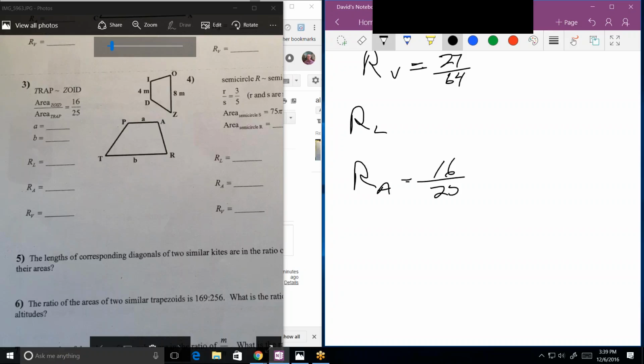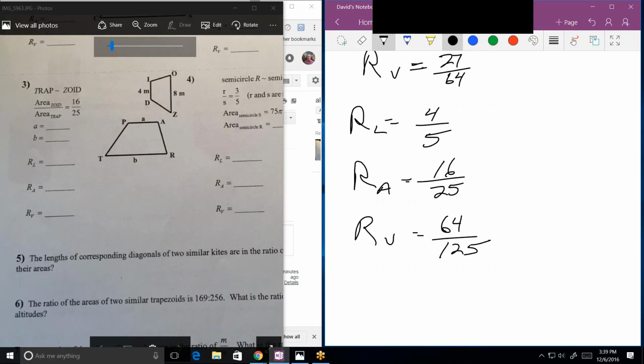So what is the linear ratio going to be? 4 to 5. Okay. And what's the volume ratio going to be? 64 to 125. Yep.